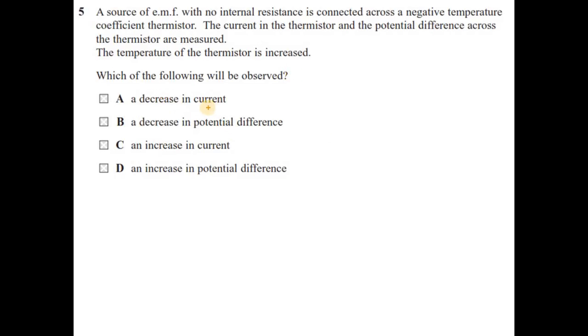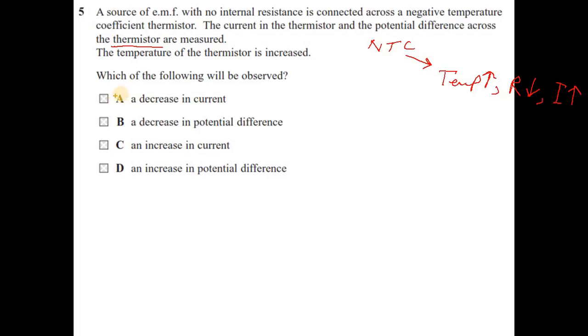A: a decrease in current. Remember, this is all about the thermistor, and the thermistor is negative temperature coefficient. What does it mean? If you increase the temperature, then resistance decreases. That causes an increase in the current.